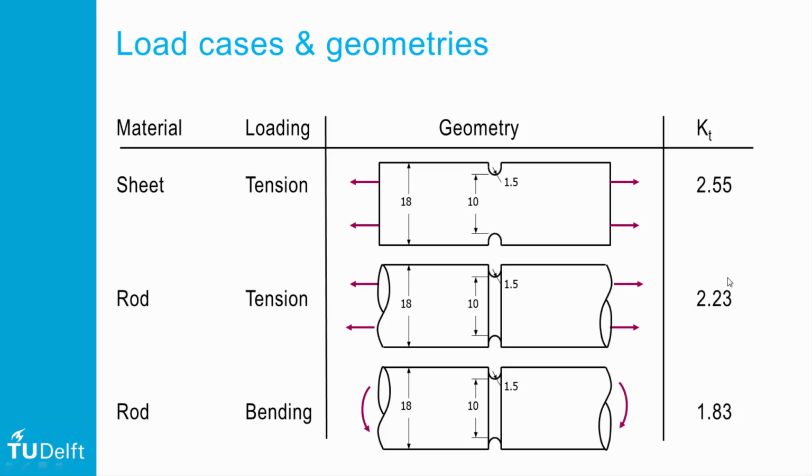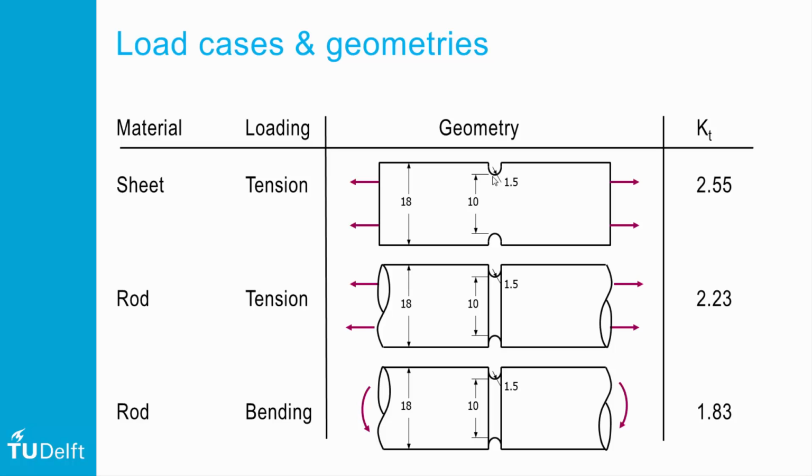If I take now the same rod and instead of tension I apply bending, the stress concentration goes down further. How does that work? I don't change the geometry, but I change the sheet to a rod, and I change the stress concentration factor. And if I change tension to bending on the rod, I further change the stress concentration factor.